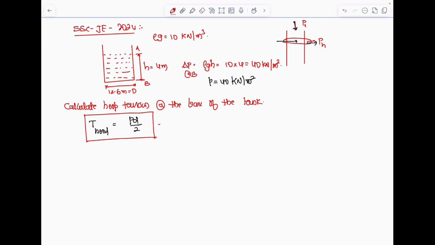From this, we can say what is P? We know the value of P as 40. D is given as 12.6 by 2. You please see how much it will be. 20 into 12.6, that is equal to 252 kilonewtons per meter.